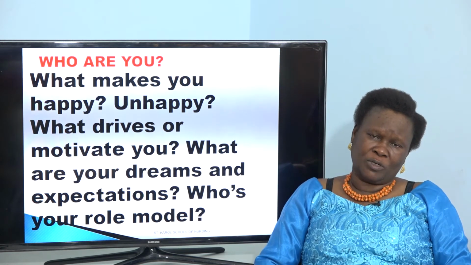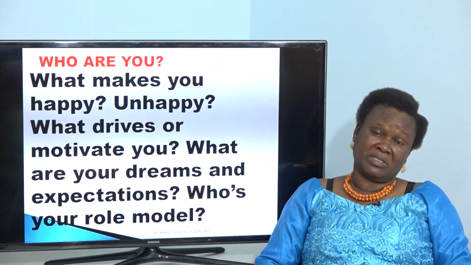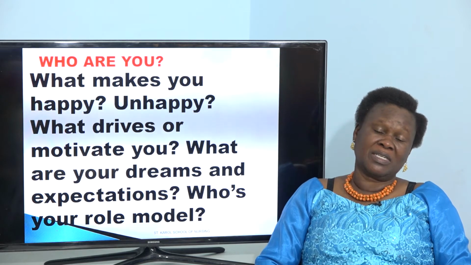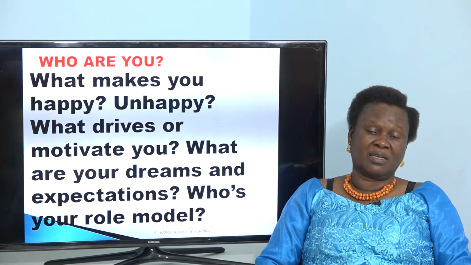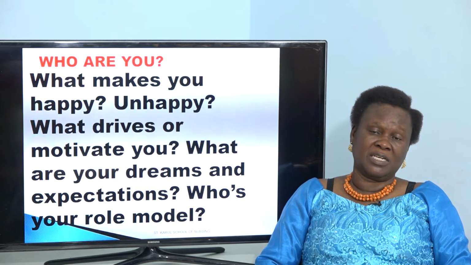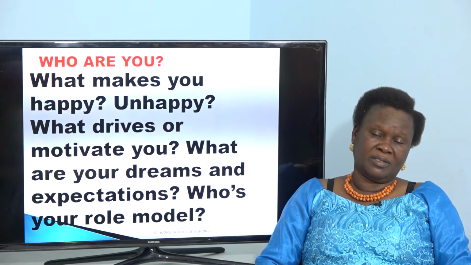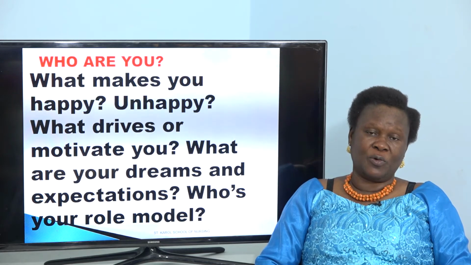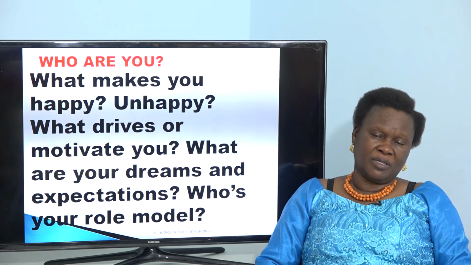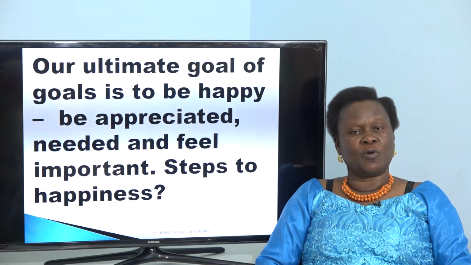You need to have a role model, and you need to respect the rich. It is not every rich person that is corrupt. It's not every rich person that has been a thief, that has been into certain positions that have afforded them, that they have cheated, they have lied, or they have stolen. It's not everybody. So you can still have role models and work your way up, work your dreams up to become more and more like them.